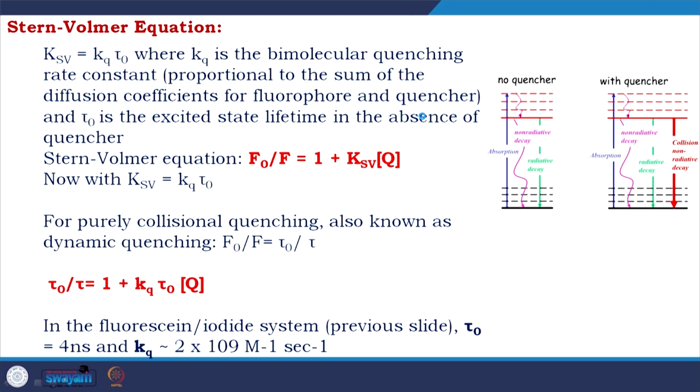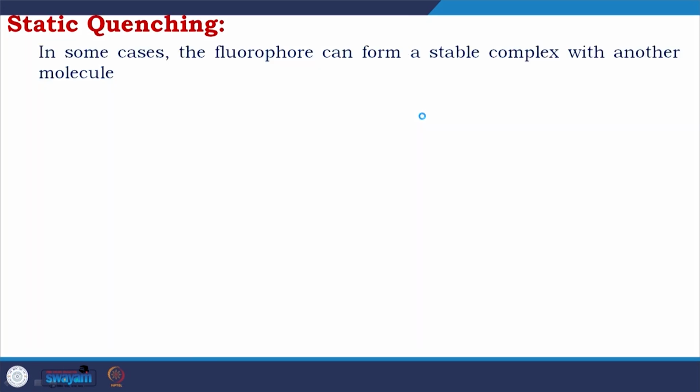Now, when KSV equals KQ tau 0, for purely collisional quenching, which is also known as dynamic quenching, KQ tau 0 would be replacing it here. So, tau 0 by tau equals 1 plus KQ tau 0 Q concentration. So, in the fluorophore quencher system, if you know the value of tau 0 and KQ, you could measure the other ones.